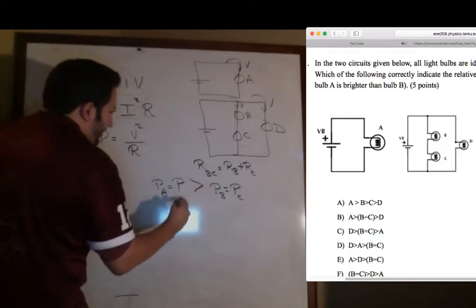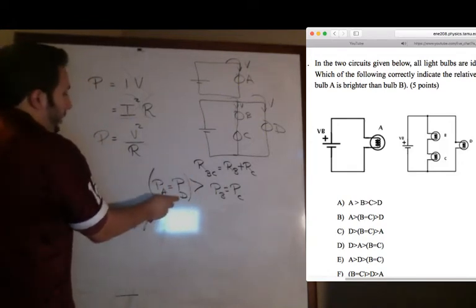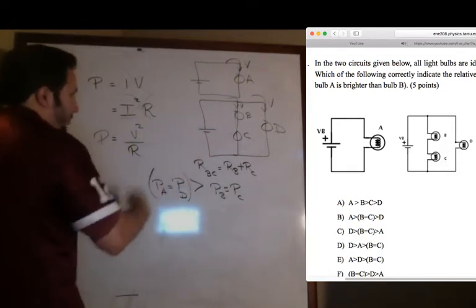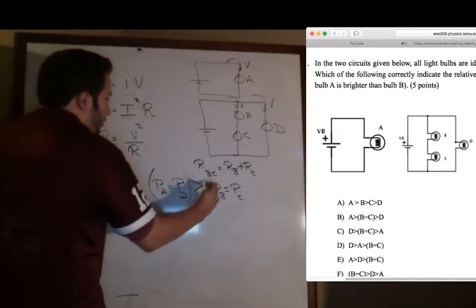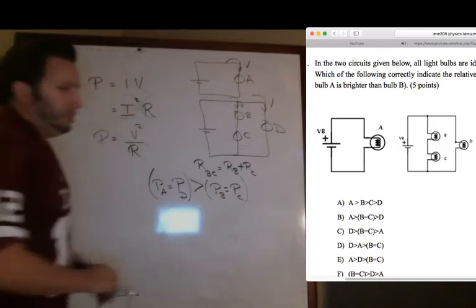That's why the power through A is equal to the power of D, which is going to be more than the power through B and C, even though they're the same.